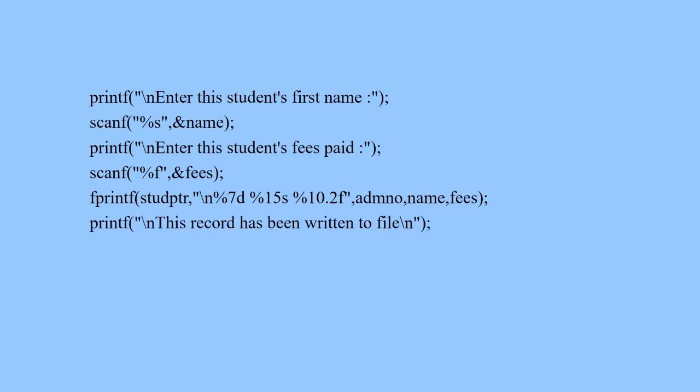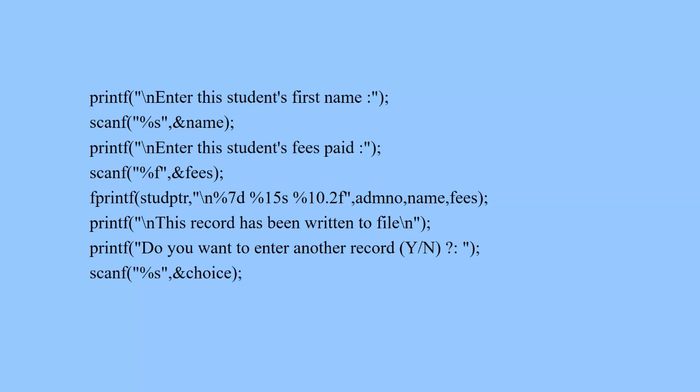Then we display the message, this record has been written to the file. Then we ask the user whether he or she wants to enter another record. So the user can press either capital Y, or it may even be small y, or capital N. Then the character entered is read and stored in the memory location called choice.